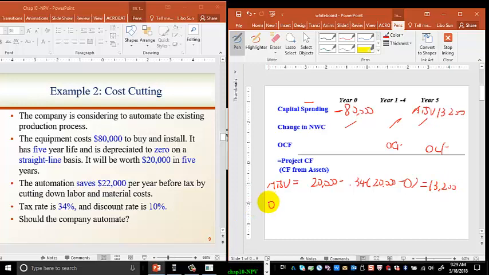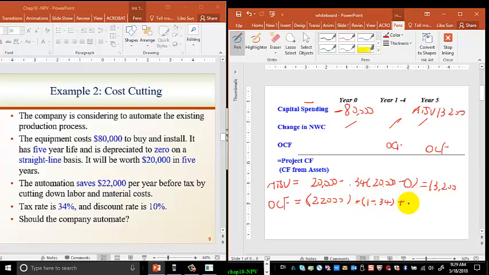Now let's do the operating cash flow. I'm going to show you how to solve it with the tax shield. There's no sales revenue, but we saved 20,000. So this is the net increase in the revenue, and on this portion we have to pay tax.